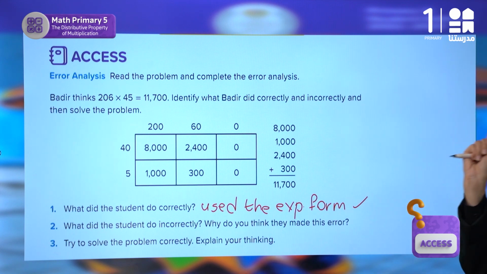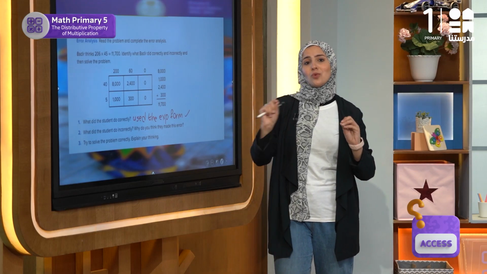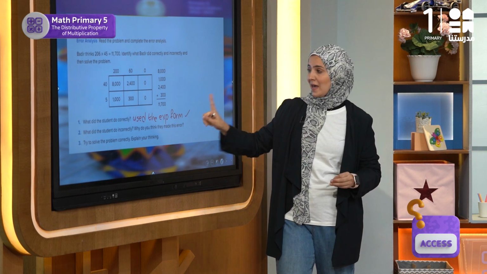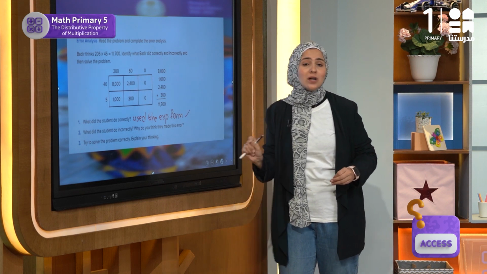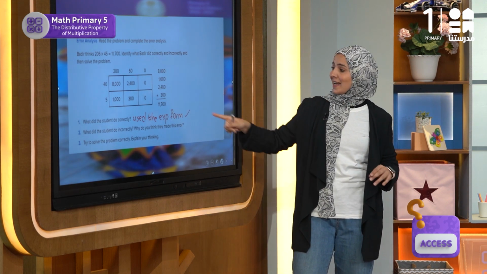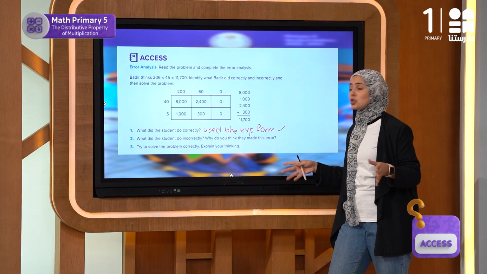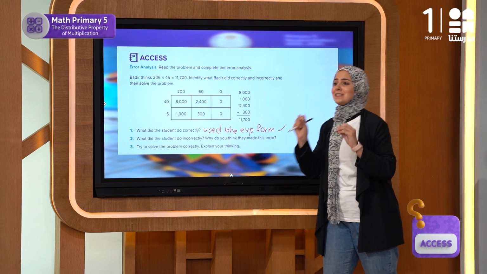But the only incorrect thing in the model is what is this number over here? This mistake that he made, which is to write 6 in the tens place instead of the ones, made the whole answer get an incorrect sum at the end. So again, what did he do? Instead of writing 6, he wrote this number 60.